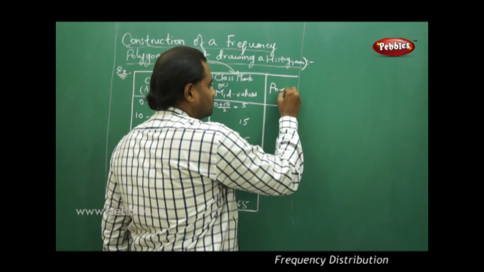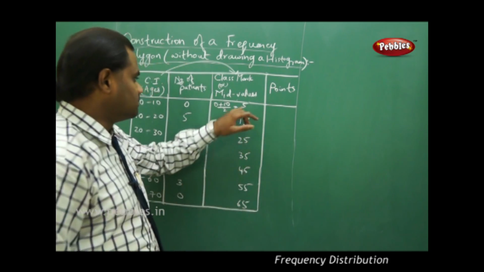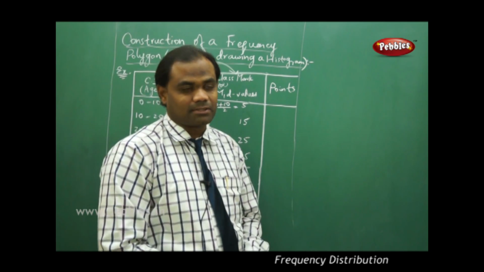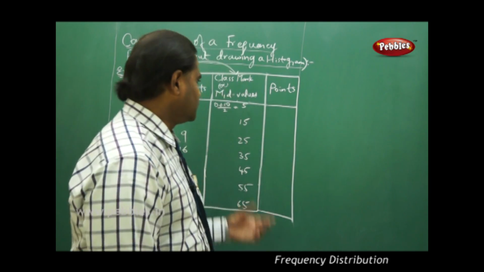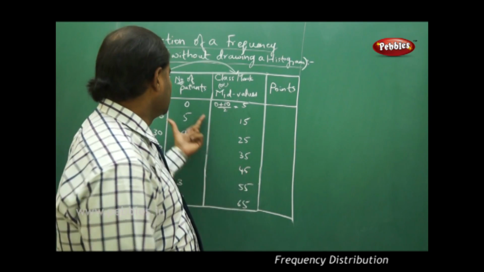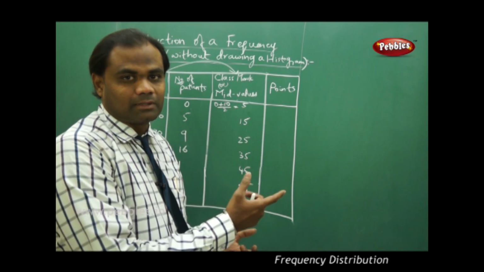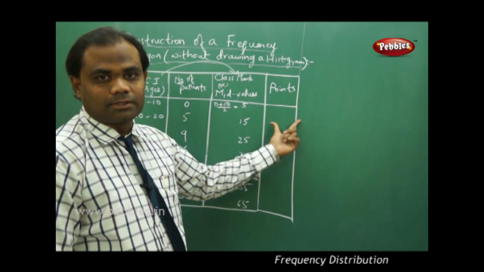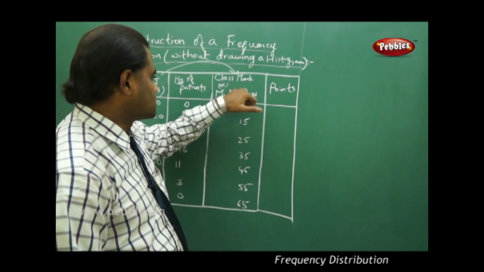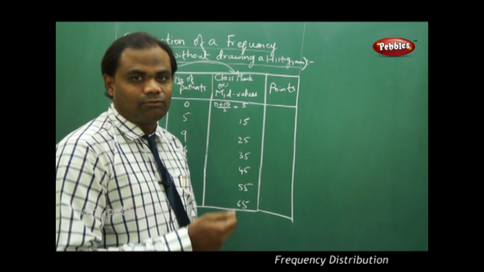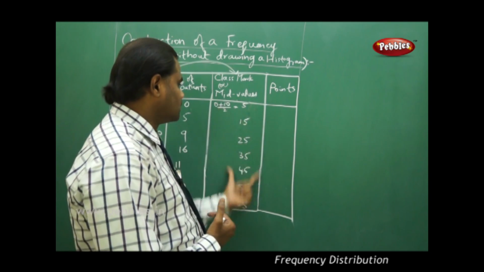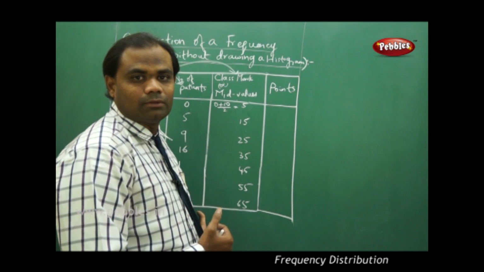I take the mid values, or class marks, on the x-axis and the number of patients on the y-axis. For each class mark and the number of patients in the respective class, I form the points, because the x-axis has all the class marks and the y-axis has the number of patients. So I form an x and y coordinate using these columns.